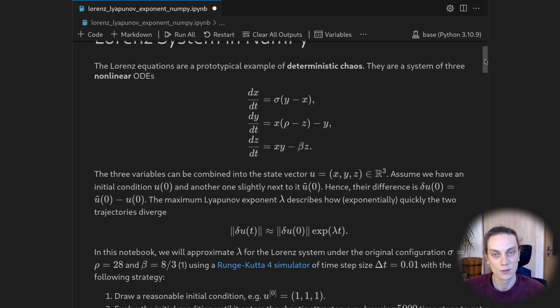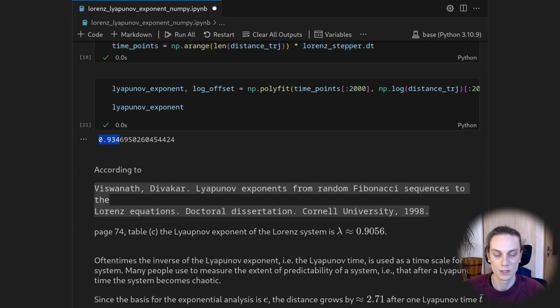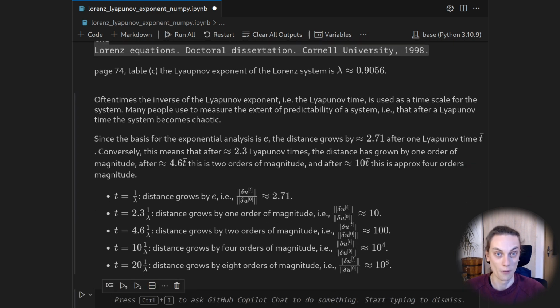So I guess it can be interesting to look at what happens if you do multiple Lyapunov times. And there it becomes interesting, and I always find this fascinating because as humans, we have a very bad feeling for exponentials, at least I have, and so it always helps me to have these rules of thumb. So I already noted this down.